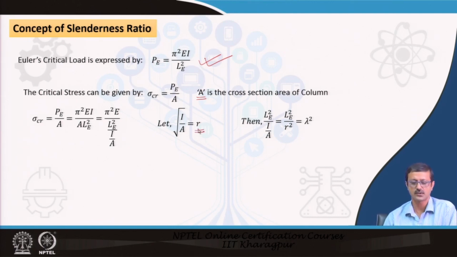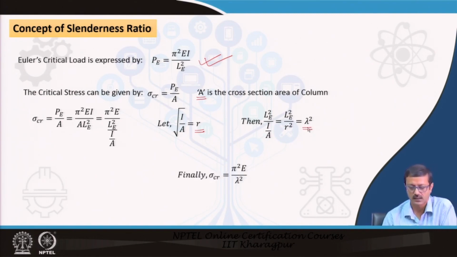So, if this under root of I by A is r, then L square by I by A is nothing but L square by r square. L effective length by r is called the lambda or the slenderness ratio.